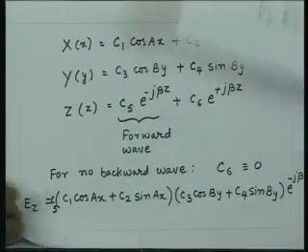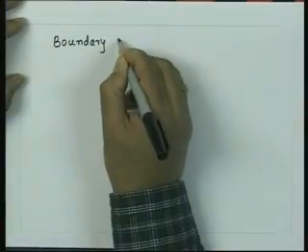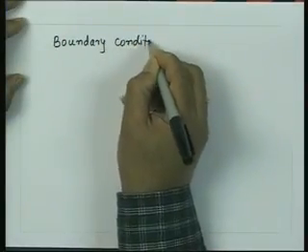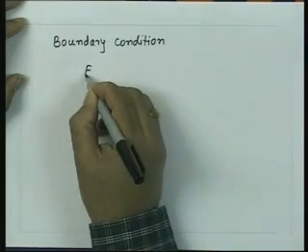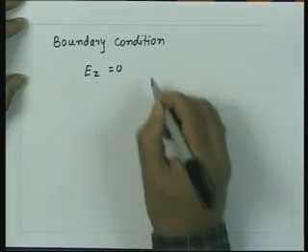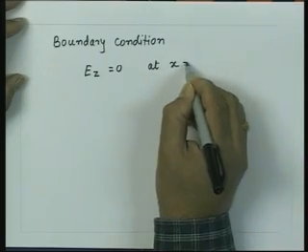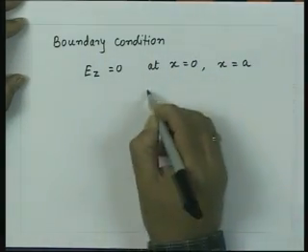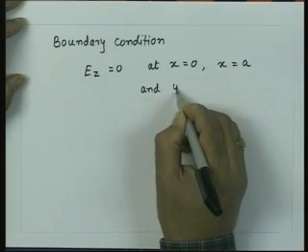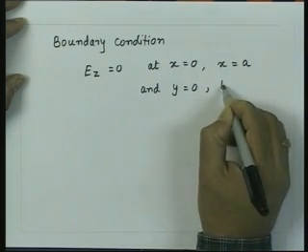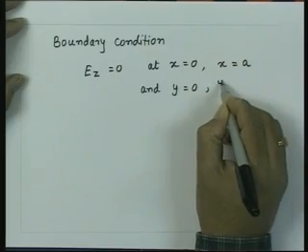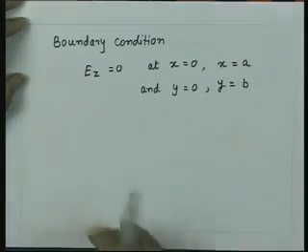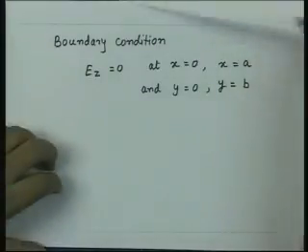So, the boundary condition to apply on Ez is that Ez is equal to 0 at x equal to 0, x equal to a, y equal to 0, y equal to b.